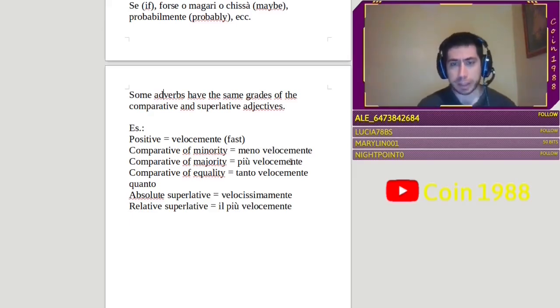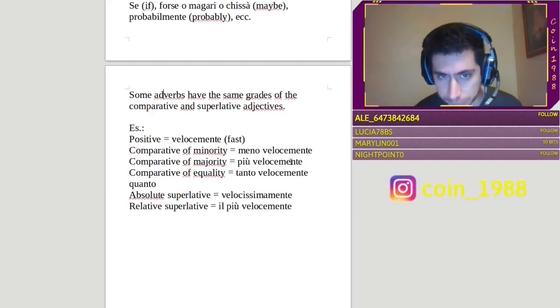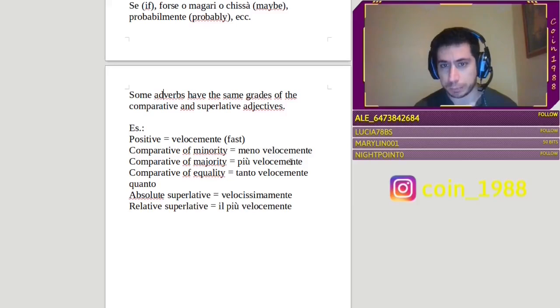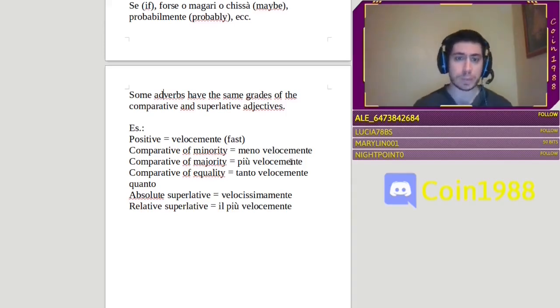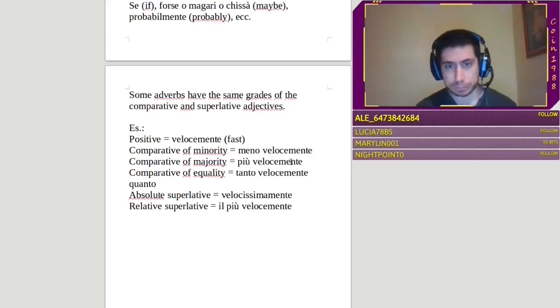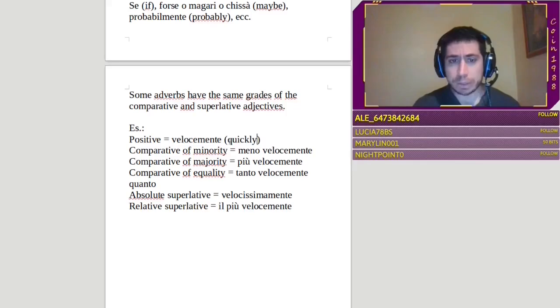The last thing that we need to know is that some adverbs have the same grades of the comparative and superlative adjective. I write just an example to let you refresh these grades with the adverbs. Positive, we have the word velocemente. That means quickly. The comparative of minority, we will have meno velocemente.